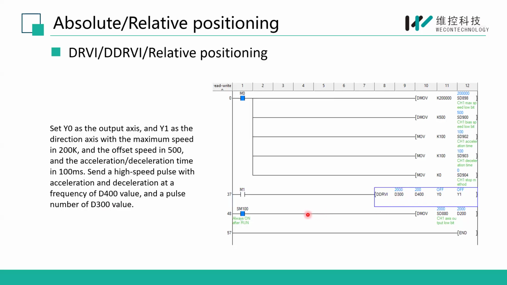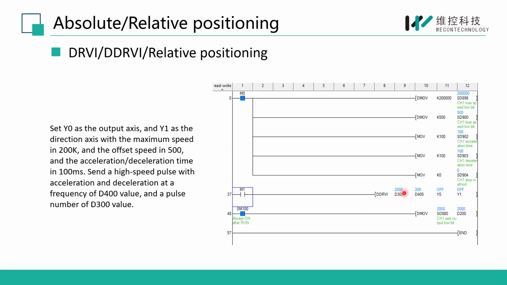Okay, let's see. Wait a moment. When I trigger, first I run this parameter on this instruction, and the SD result is 2000 because we set the pulse number to 2000.